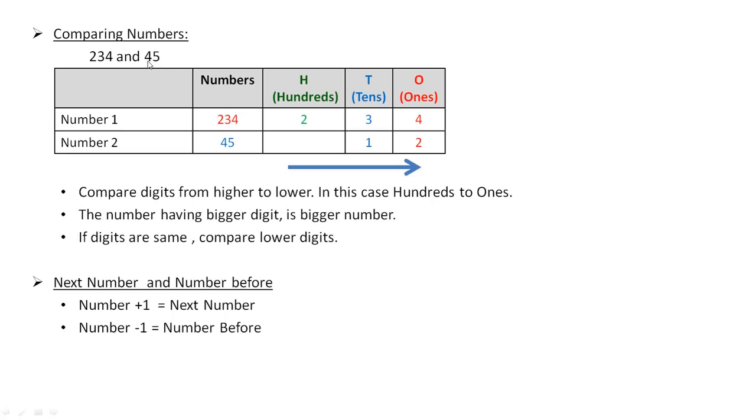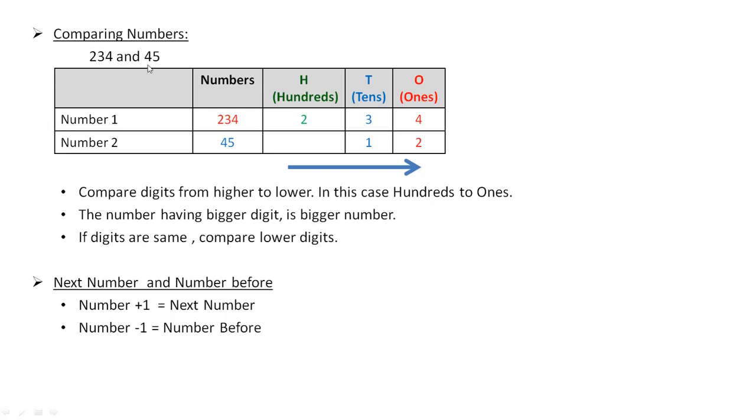Correct? So which is the highest place? It is hundred. Okay? So you compare the digits which are in hundreds place for both the numbers. Right? Now here in 234, 2 is the digit which is in hundreds place.